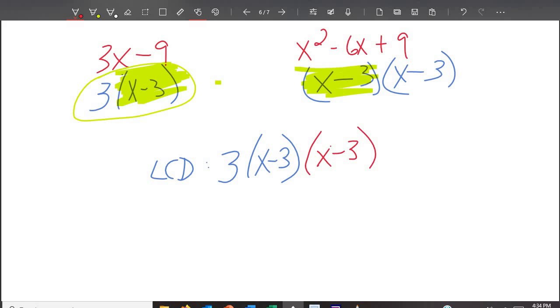Whatever's in the first one and some of the stuff from the second one. This gets a little tricky when you've got the same binomial twice. So the rule is, if you've got the same binomial twice in the same piece you factored, you include it twice. If I had x minus 3 three times, I would include it 3 times. But just pay attention. Get a highlighter and highlight the ones that match, and whatever's not highlighted, put it with the LCD.